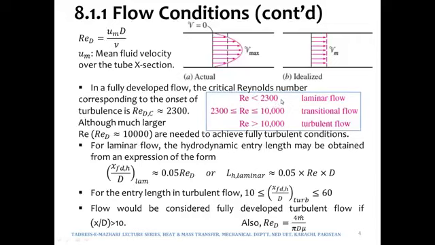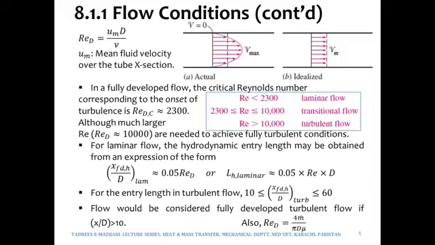For the flow over a flat plate, the critical Reynolds number was 5 exponent 5, and over a cylinder or over a sphere, the critical Reynolds number was 2 exponent 5, as we have seen in previous chapters.